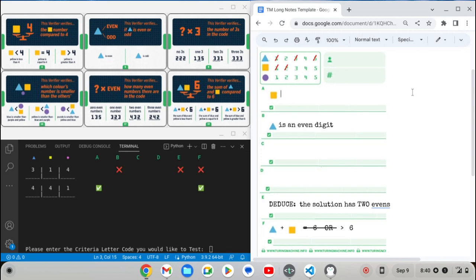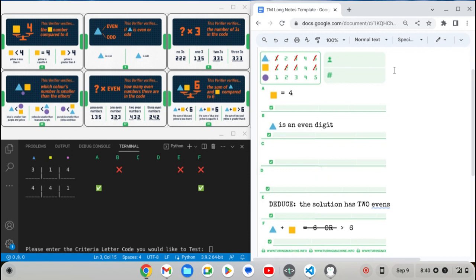So let's type that up. And since it is equal to 4, let's go ahead and cross out the 3 and the 5.